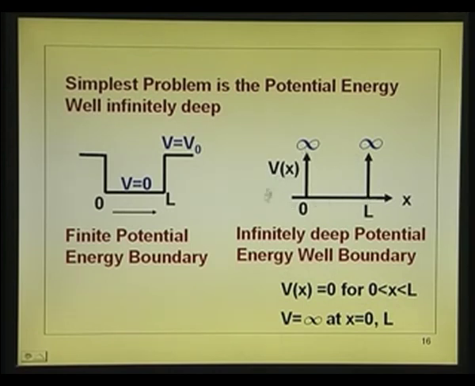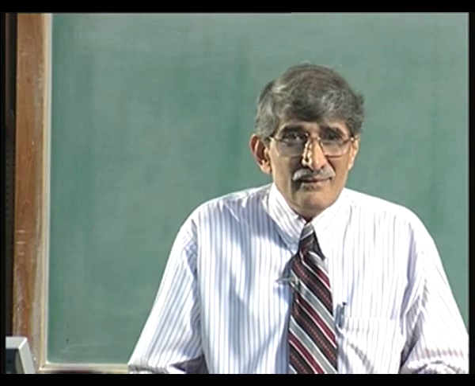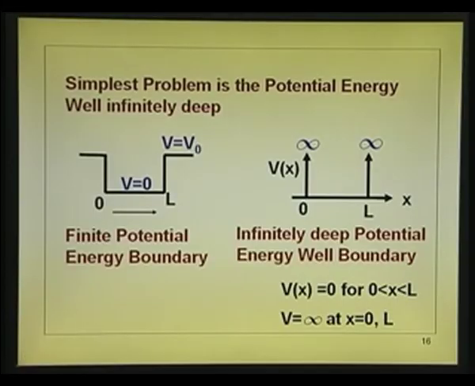The boundary conditions: the potential is infinite. When you say potential is infinite, what is the meaning of that? What is psi there? The probability of occupation in the region where the potential is big is 0. So, you are solving the Schrodinger equation with V equal to 0 here, with the boundary condition psi equal to 0 here and 0 there.